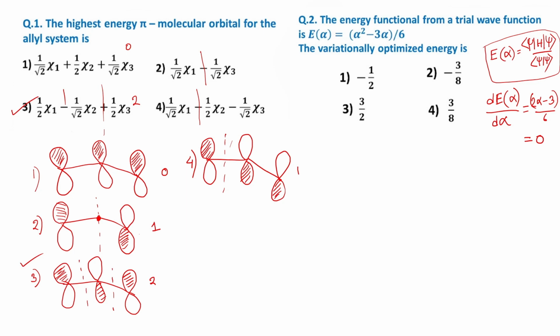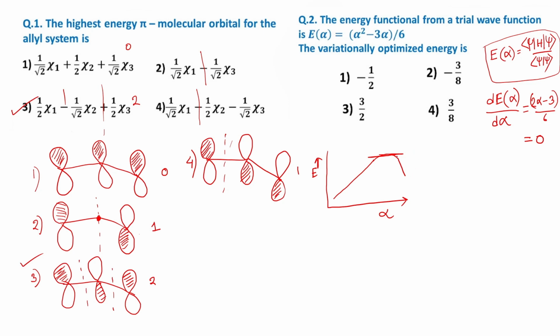Suppose this is alpha, this is E. If E is monotonically increasing like this, then it is not the maximum point yet. At the maximum point, after that it will decrease again. So at this maximum point, see, the slope is 0. That is why we are taking dE by d alpha as 0.